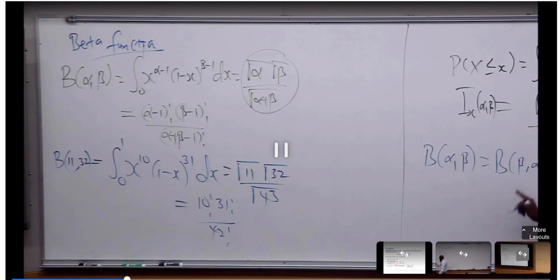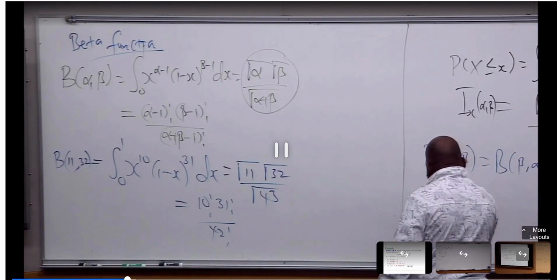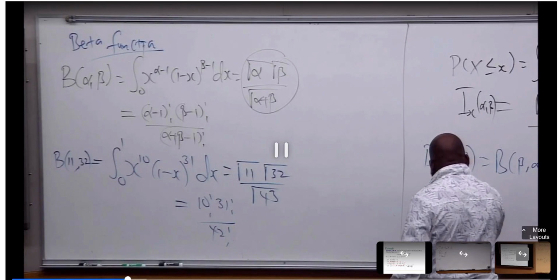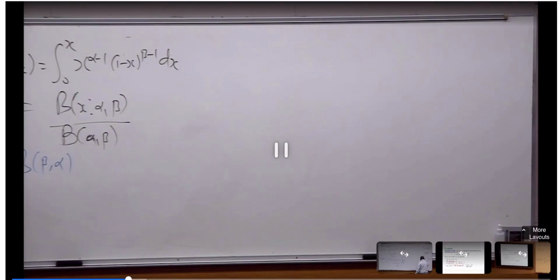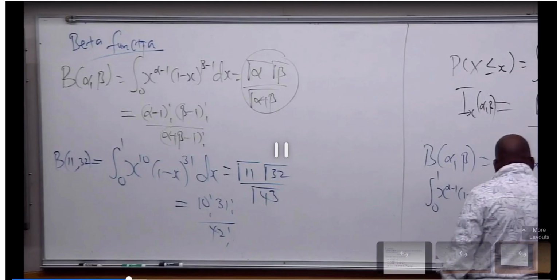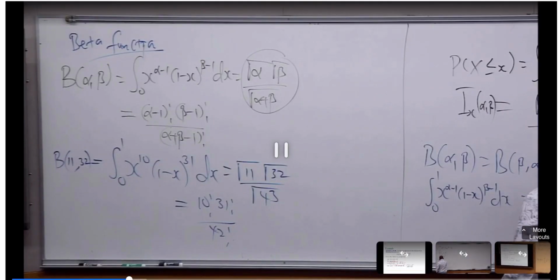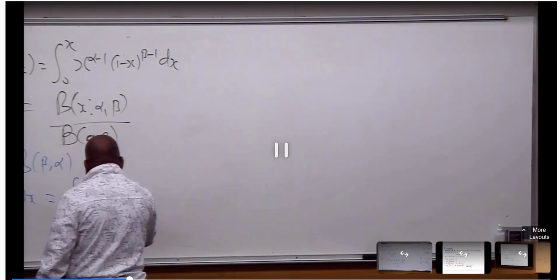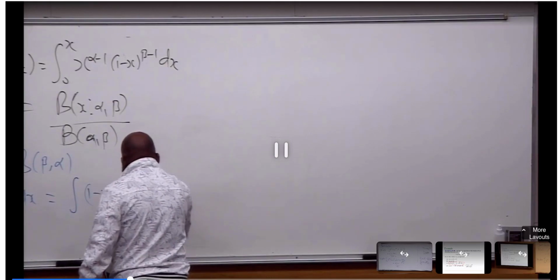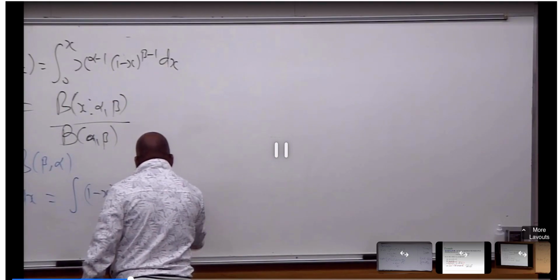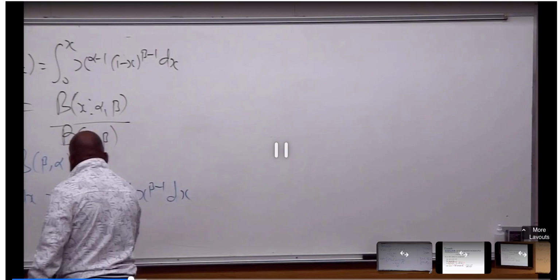Except that here, you are actually having this to start. But here, what is starting? 1 minus x is starting. So 1 minus x, then here is going to be x raised to power this, ds, 0 to 1.